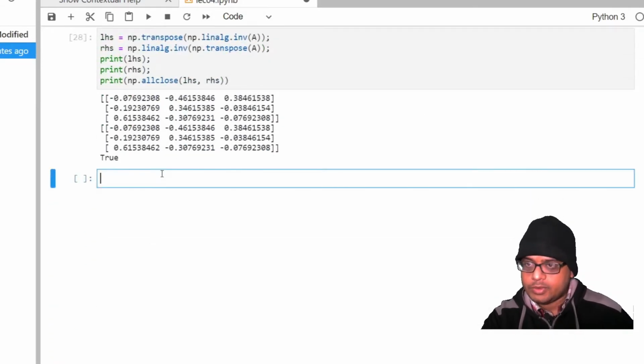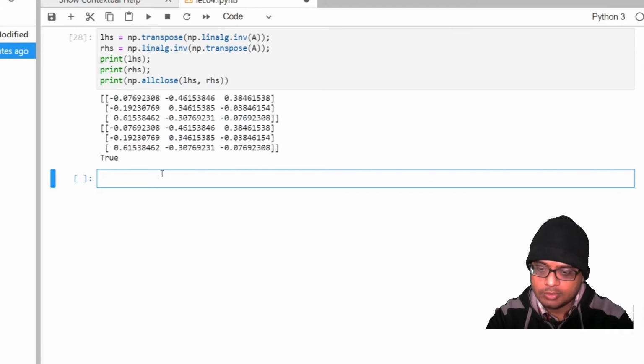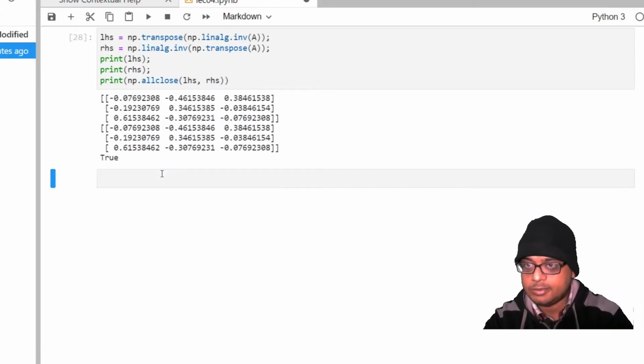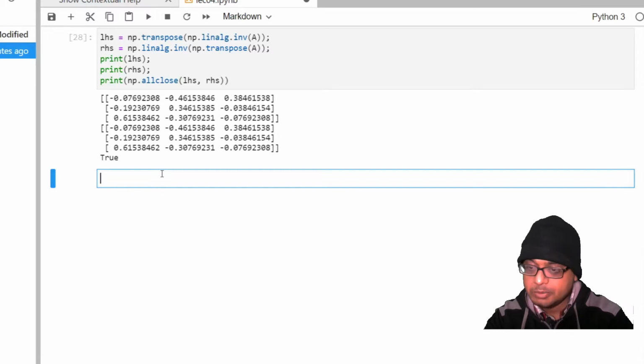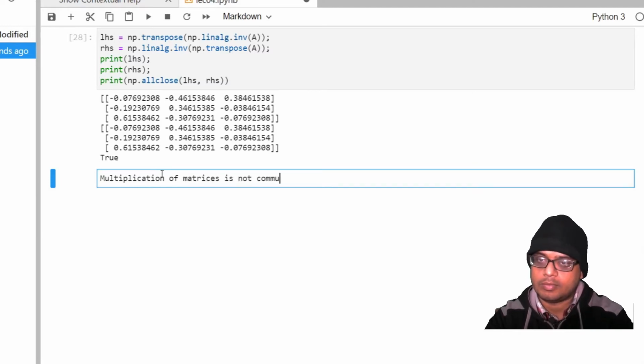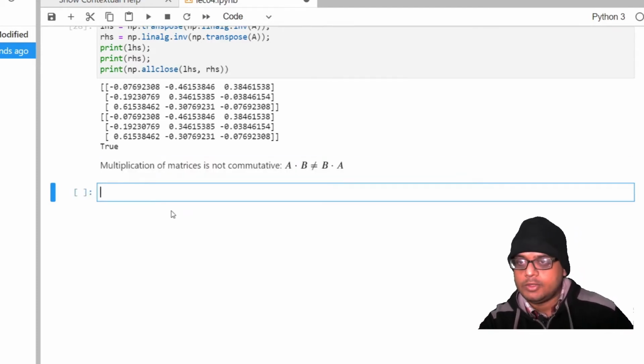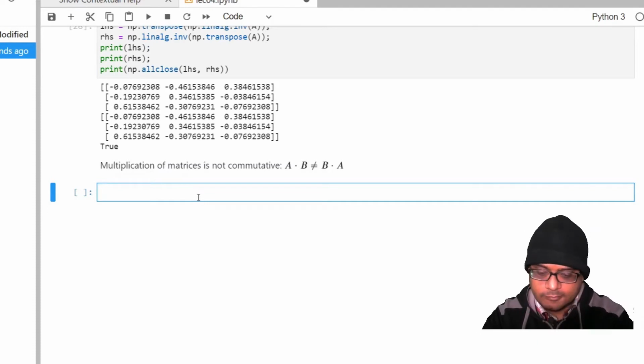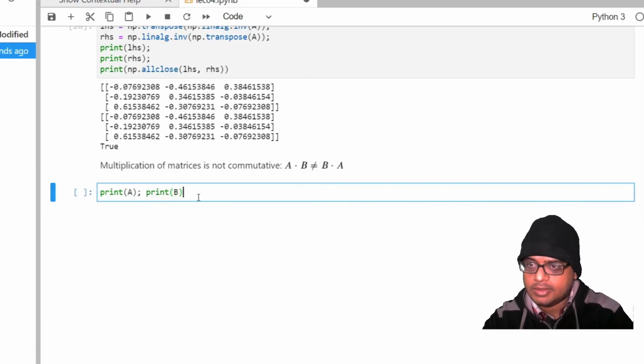Alright, so let us verify one more famous theorem in matrix algebra, that multiplication of two matrices is not commutative. That is, A times B is not equal to B times A. So we have two matrices A and B already, like this.